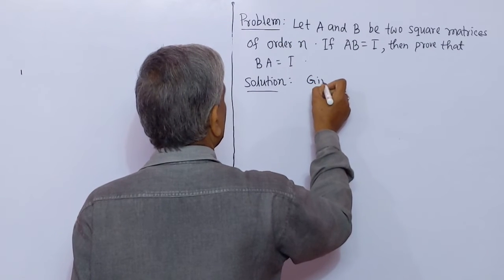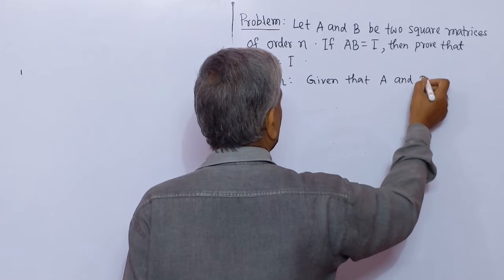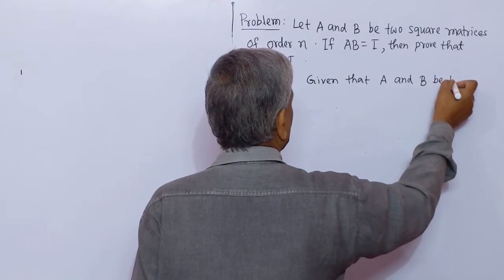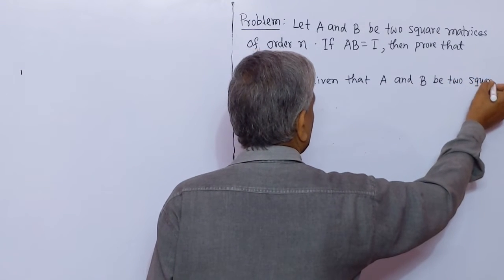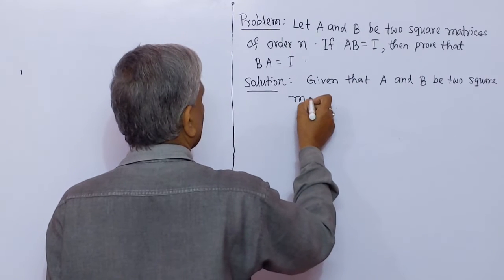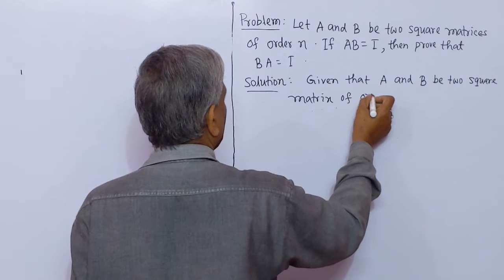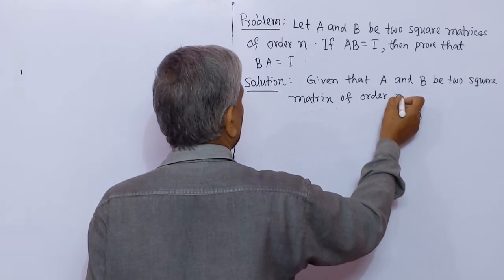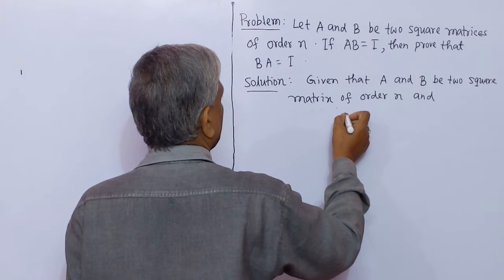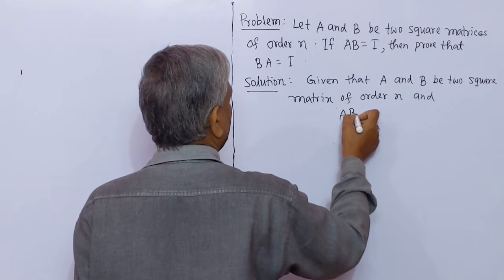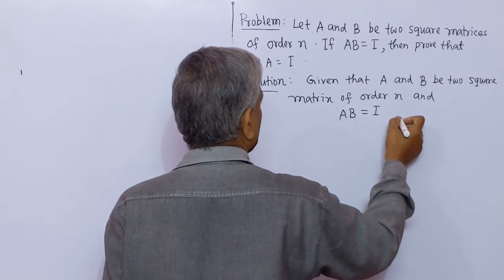Given that A and B be two square matrix of order n and A multiply B equal to unit matrix, identity matrix.